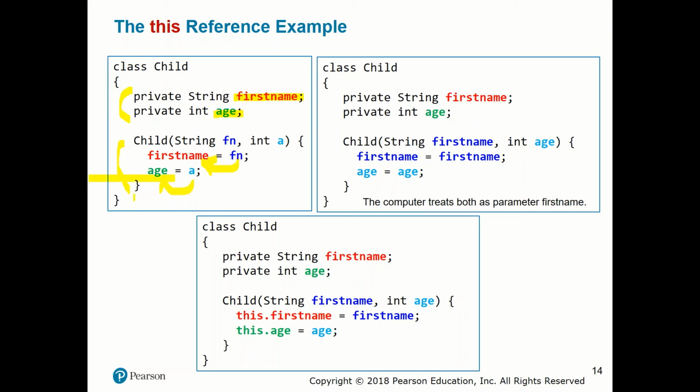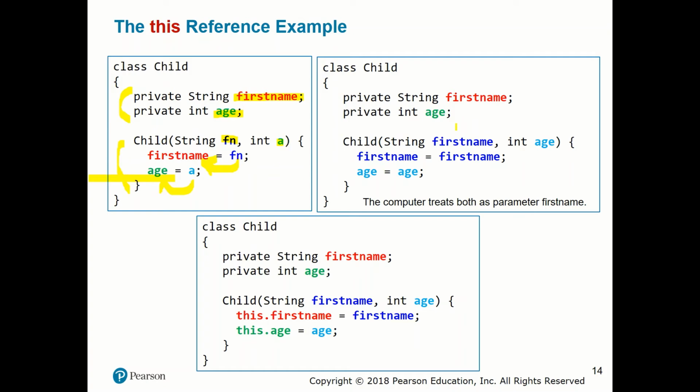But if we use first name instead of Fn, then it is more readable. Okay, it is more readable code. And likewise, if you use age instead of A, then this will be more readable than just using A.